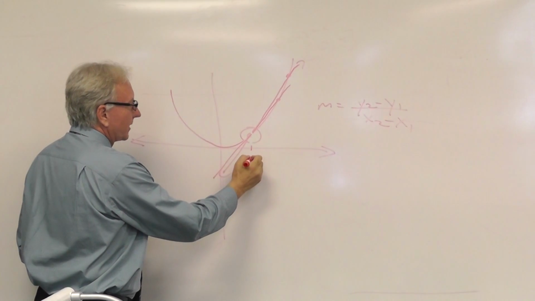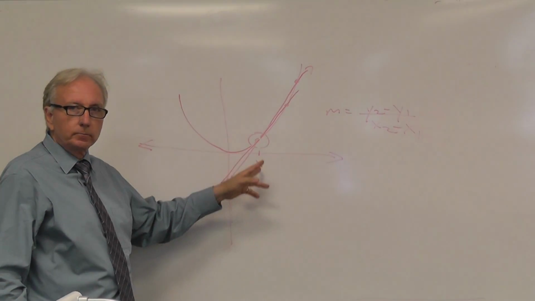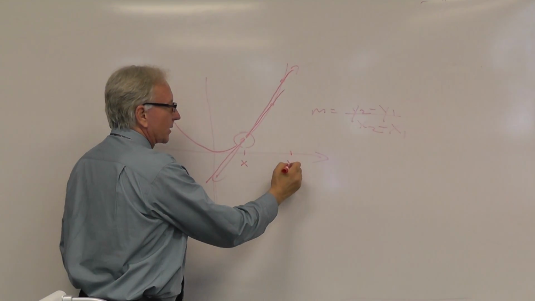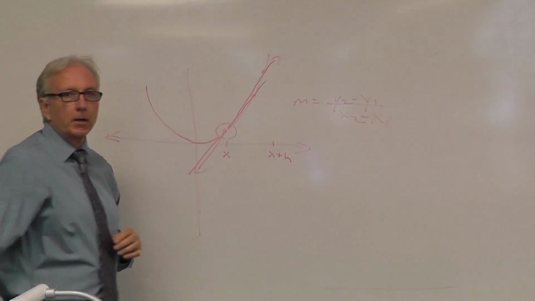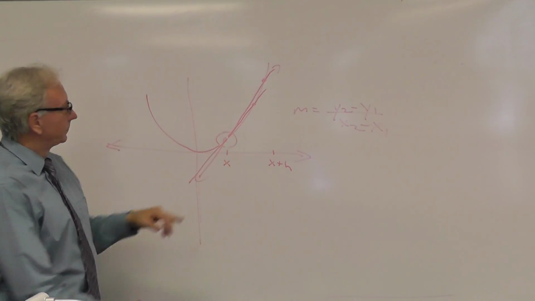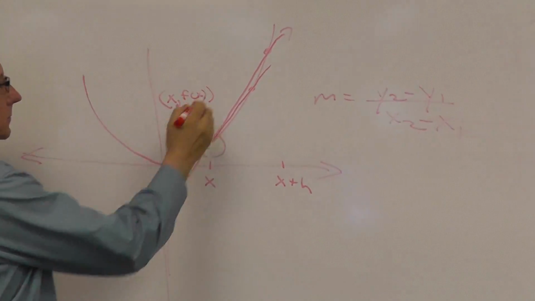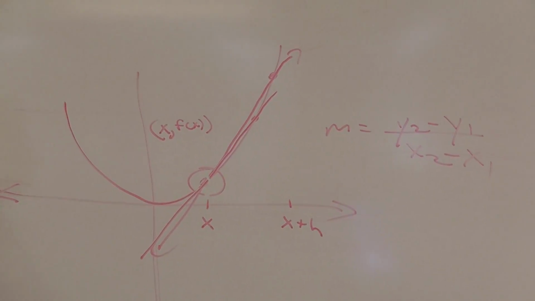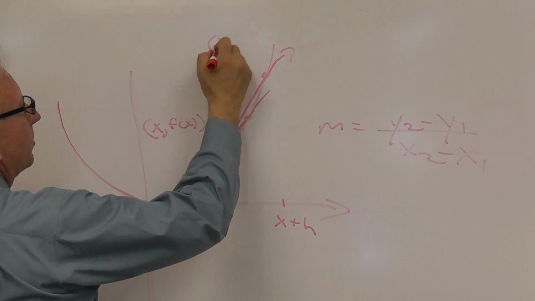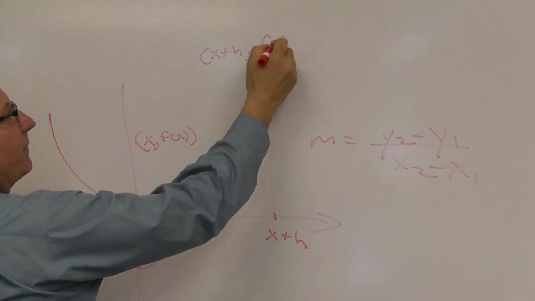You have x, right? That's an arbitrary point, and we go h units away, x plus h. So this point here is x comma f of x, right? And this point up here is x plus h comma f of x plus h.